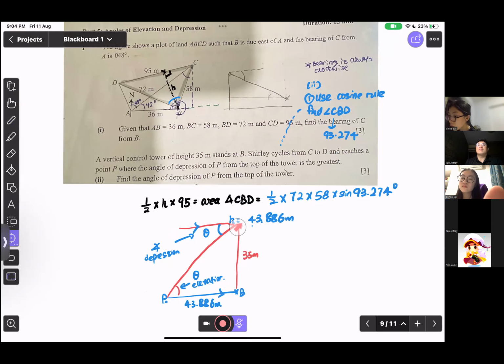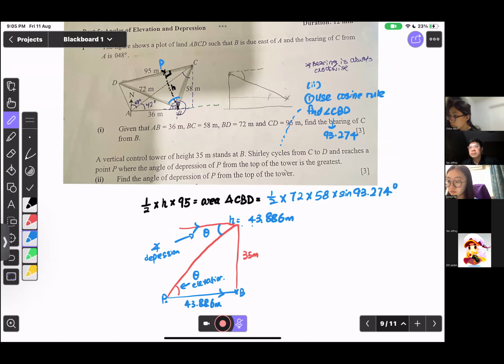So H is PB. You see I draw here? This is P. Okay? Yeah, I got it.